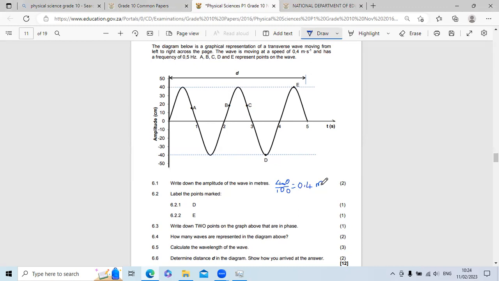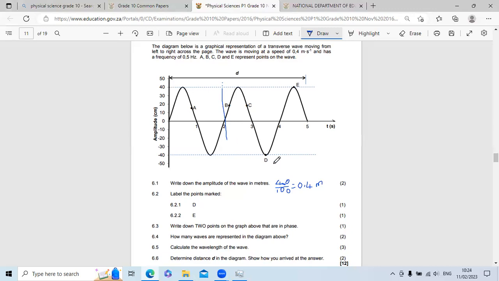I'm not sure, but I think D is distance and E is period. Okay. So what I can tell you is that the period is going to be stated somewhere. The period is actually just like this line going here.